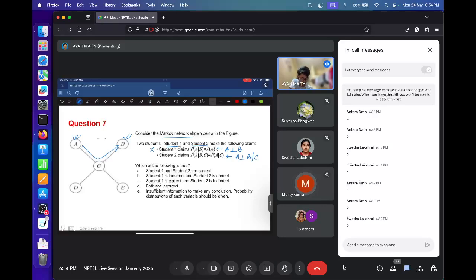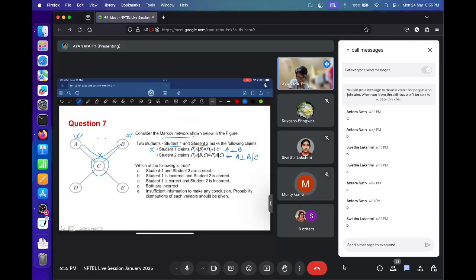Second claim is A is independent of B given C. So in undirected graph, again we have to check whether there exists a path between A and B that does not go through C. C is given, so C would block the path between A and B. So this path would be blocked at C because C is given.